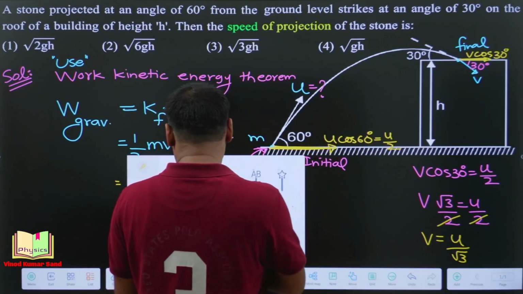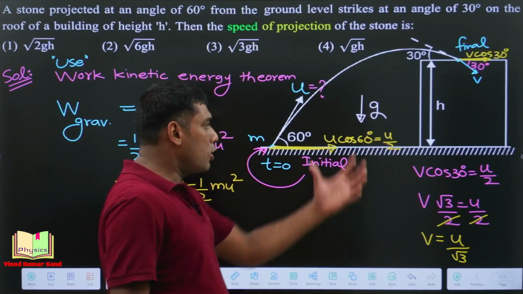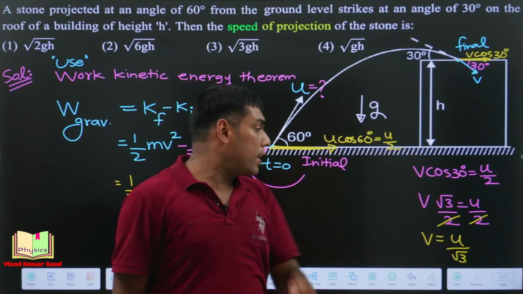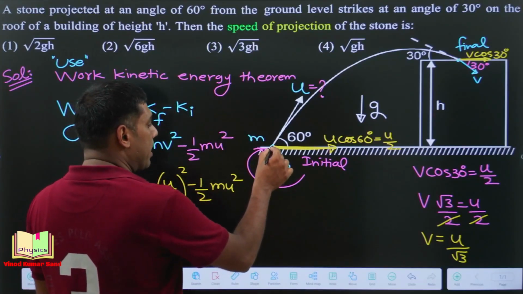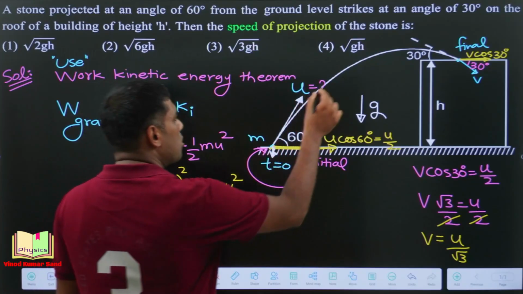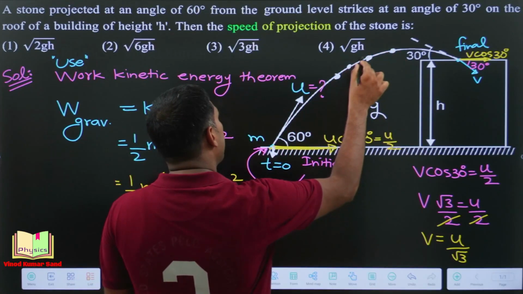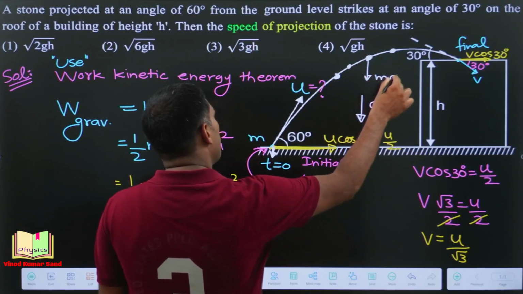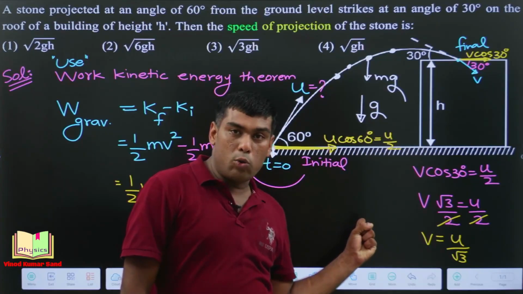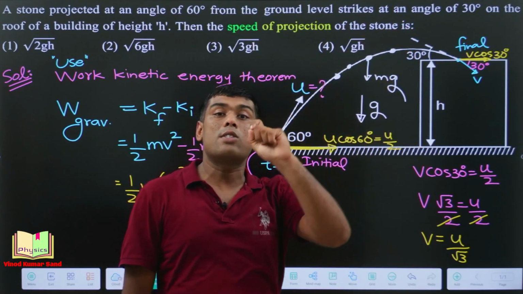To obtain the work done by the gravitational force, we know that the gravitational field is in this direction, vertically downwards. So the gravitational force on this particle will be mg. Suppose the particle is here or here, at whatever location the particle lies, the gravitational force will be mg only. Force is mg in the downward direction and its displacement in vertical direction is h.